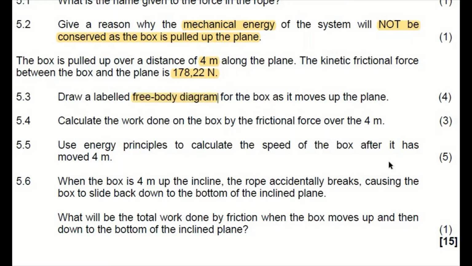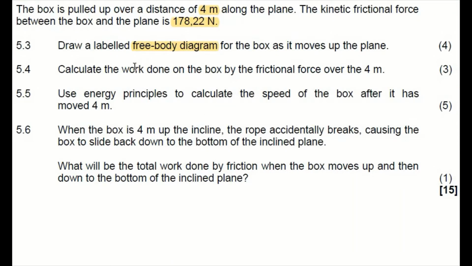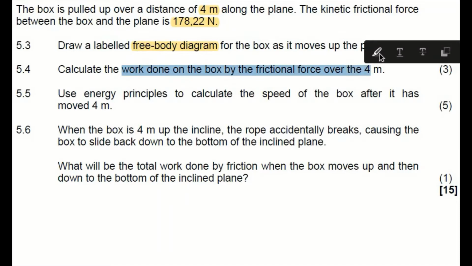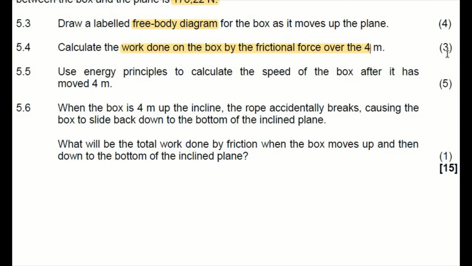We've already done lessons on how to draw this, and we will see how this one can be drawn. Calculate the work done on the box by the frictional force over a distance of 4 meters. Okay, it's 3 marks. It's not going to be an extensive calculation.